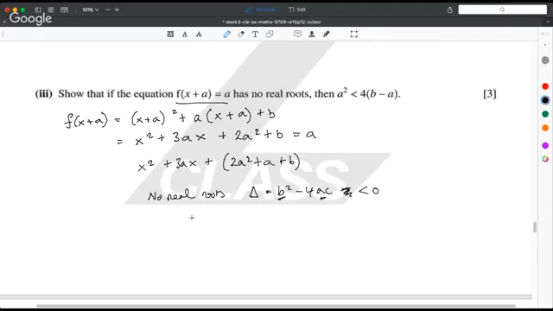So we have b squared, so that's going to be 9a squared minus 4 times that coefficient, which is 1, times 2a squared plus a plus b. And this is less than 0, and this is equal to 9a squared minus 8a squared, so that's a squared minus 4a plus b is less than 0, and then you just take this to the other side, and you will get the solution.